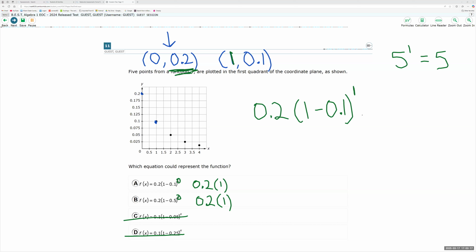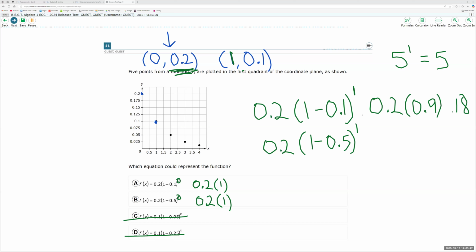So the other one says 0.2, 1 minus a half to the power of 1. So here is 0.2. 1 minus 0.1 is 0.9 times 0.9. I know that that's not going to give me 0.1.